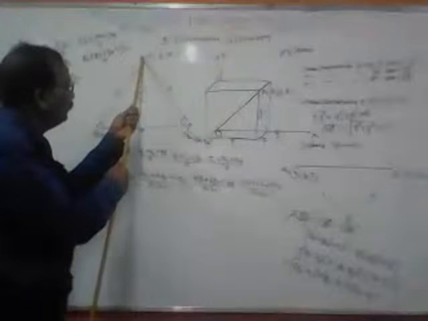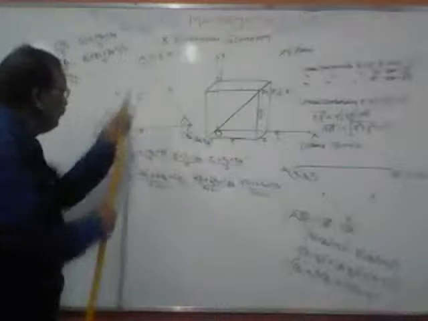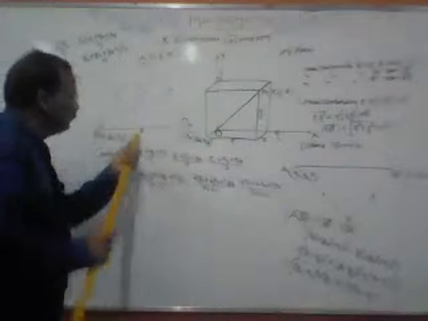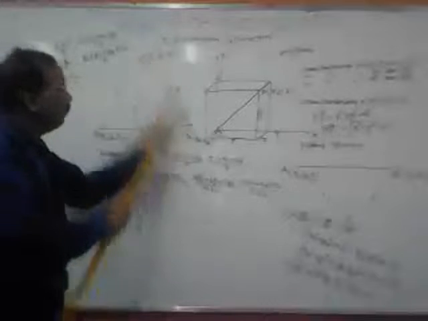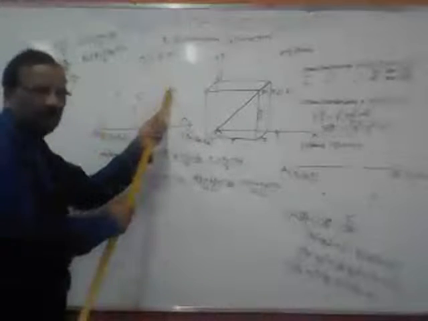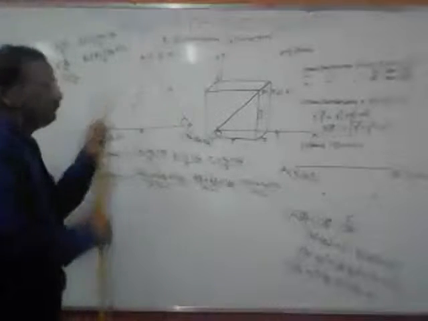Incenter, in the same way. For taking the incenter, the side corresponding to angle A is BC, denoted by small a, the length of BC. In the same way, the length of AC is small b, and the length of AB is small c.